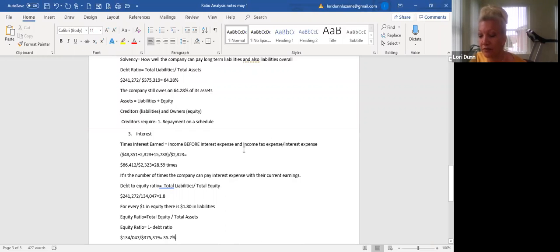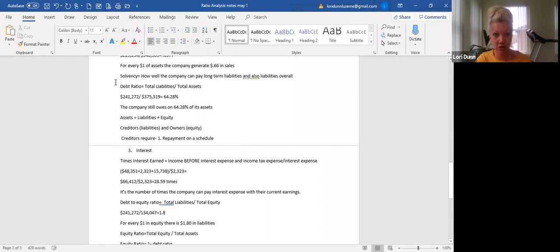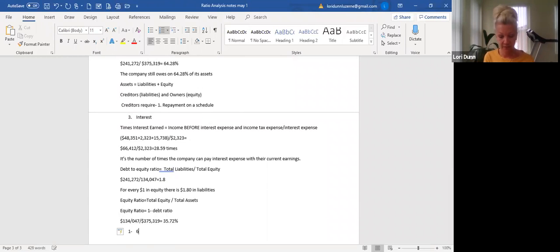Let's do it this way: 35.72%. Now I said you can also take 1 minus your debt ratio. The debt ratio we did up here, 64.28, will give you the same amount. 1 minus 0.6428 is 35.72%.